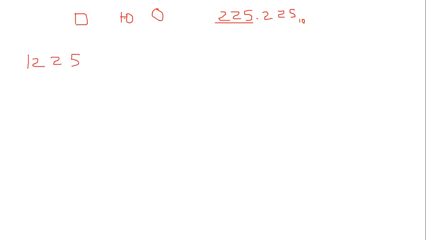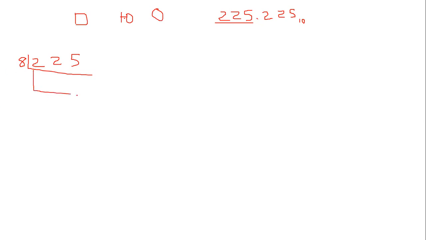Before the decimal point, I am taking 225. We have to keep on dividing it by 8. So 225, when we go through the 8 tables: 25 into 8 will be 200, 27 into 8 is 216, 28 into 8 is 224, exactly 224.